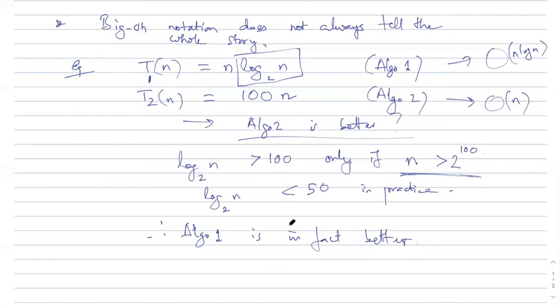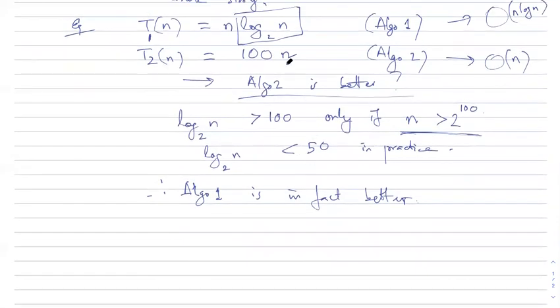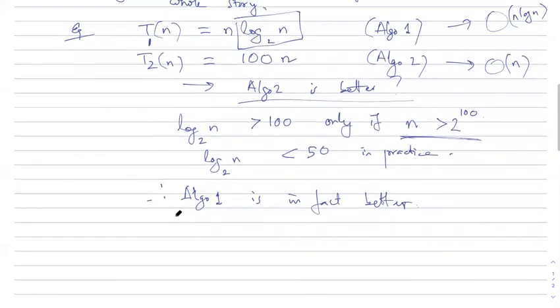But this log n would require n to be a really large number to offset even a multiplier of 100. Any question?